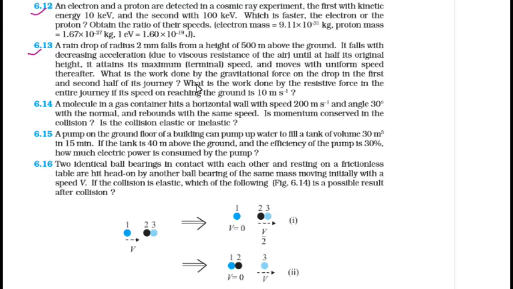What is the work done by the gravitational force on the drop in the first and second half of its journey? What is the work done by resistive force in the entire journey if the speed on reaching the ground is 10 meter per second? Let us see the solution.